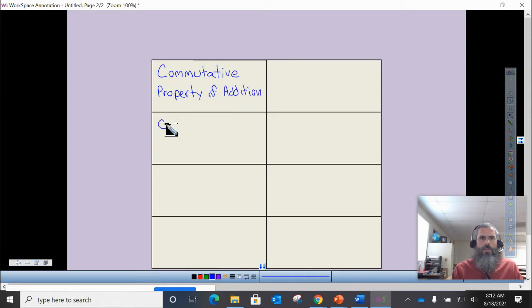And then we have the commutative property of multiplication. And I'm going to need to, sorry guys, I got to adjust this. I won't be able to fit it in 2 lines. Multiplication.